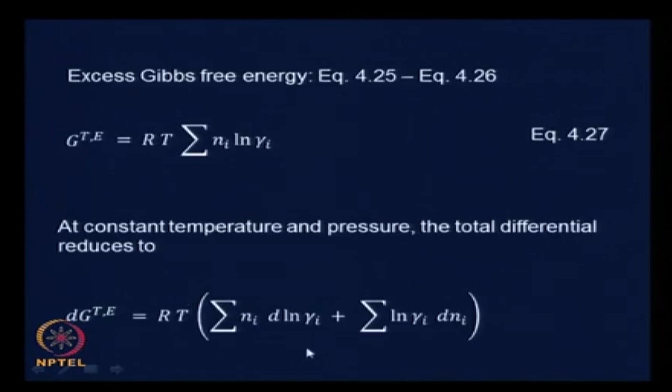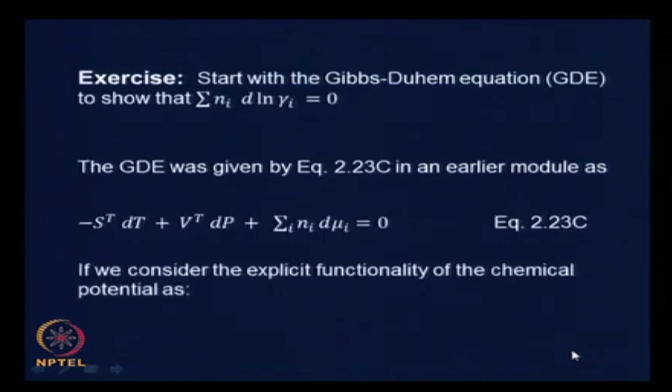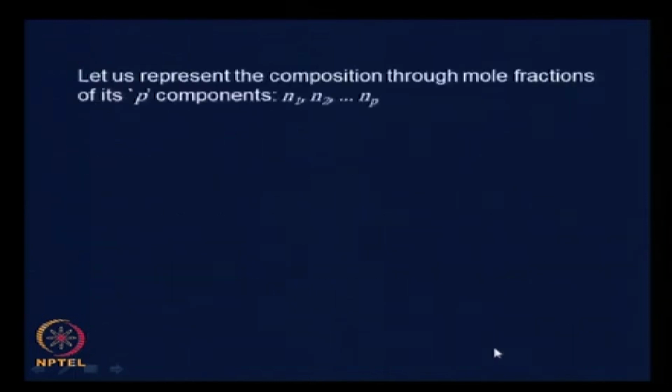We had worked that out together, so that it will strengthen some of the ideas in you, and therefore we were left with dGTE equals RT times the sum over ln gamma i dNi. This is the process we went through, a very interesting kind of derivation, you may want to look at it again.